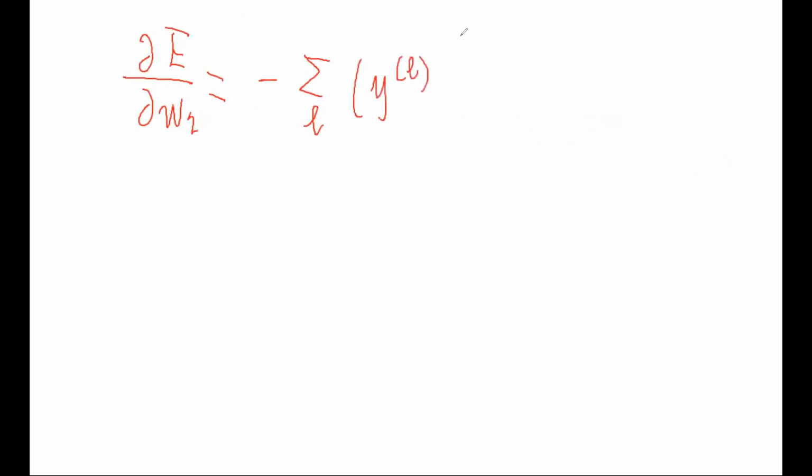So previously what we mentioned is this conclusion, from that slide, number 30. What we said is that the derivative of E with respect to Wi is equal to negative summation of L. Previously in that slide it's RL minus YL, so we just write it as YL minus RL, then we don't need the negation sign.